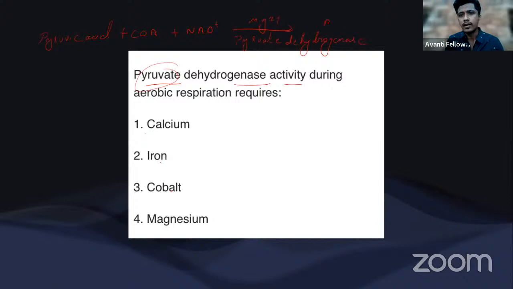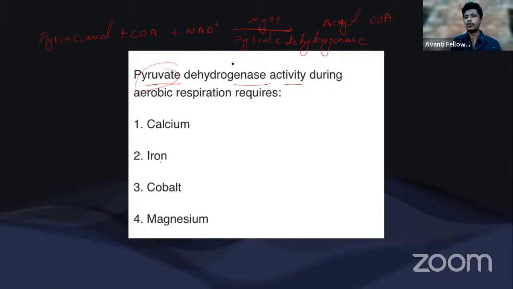What does it do? It results in acetyl CoA.